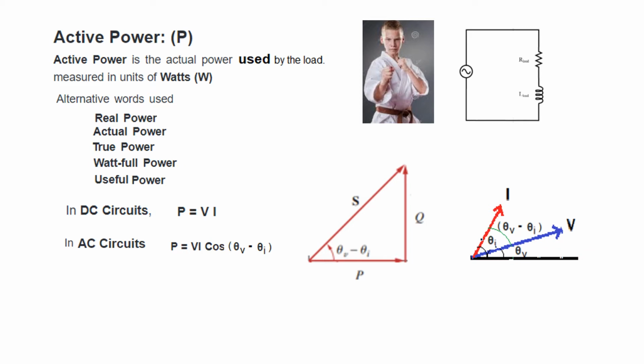The voltage phasor makes an angle theta V with it, and the current phasor makes an angle called theta I. In between the two, we have theta V minus theta I, the angle between voltage and current. That is why we have written it here.